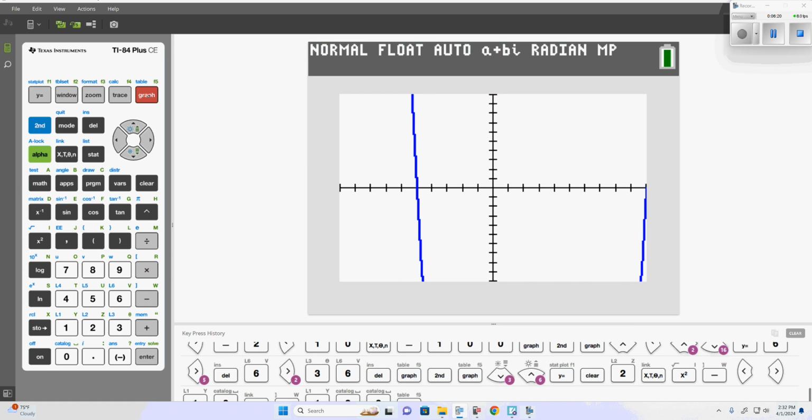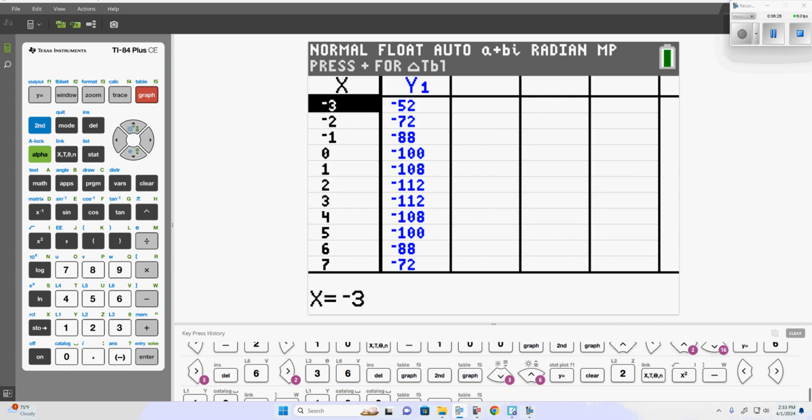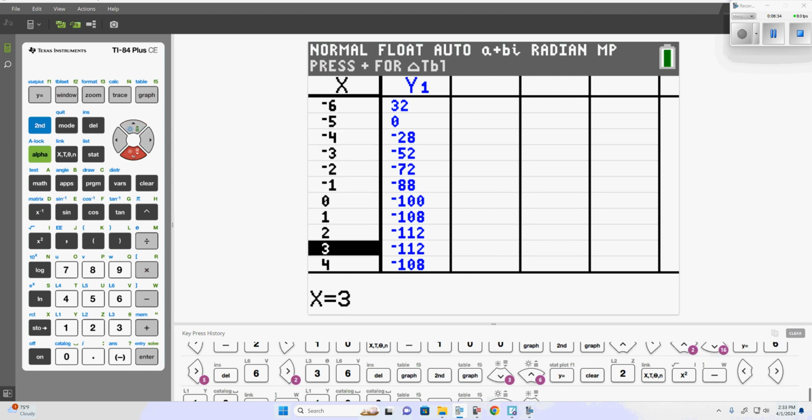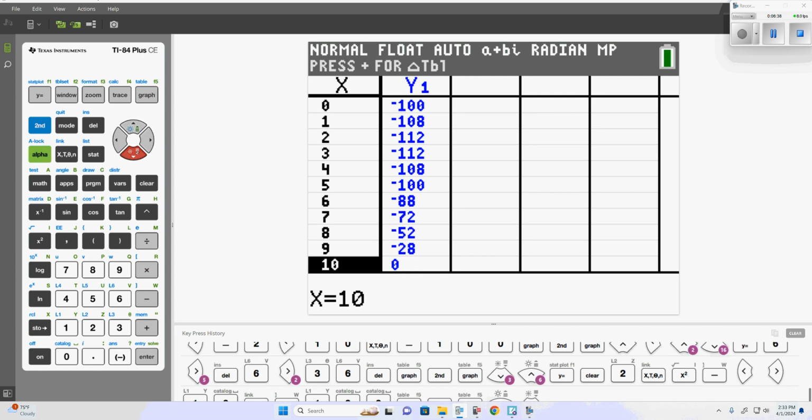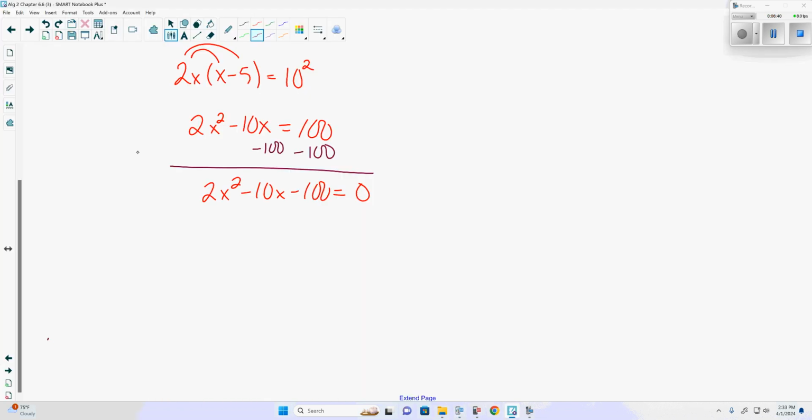When we graph it, we're looking for where it crosses the x-axis, or in a table, we're looking for what values of x will make the y value be 0. One of those is -5, and if we scroll down, the other one is 10. So here x is equal to -5 and x is equal to 10.